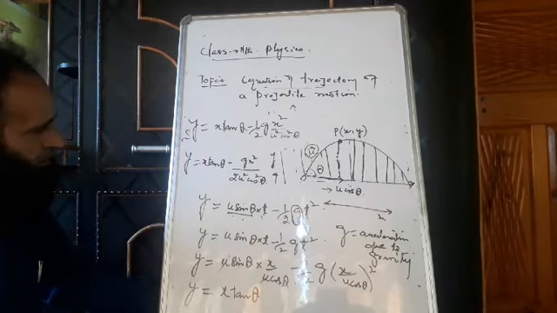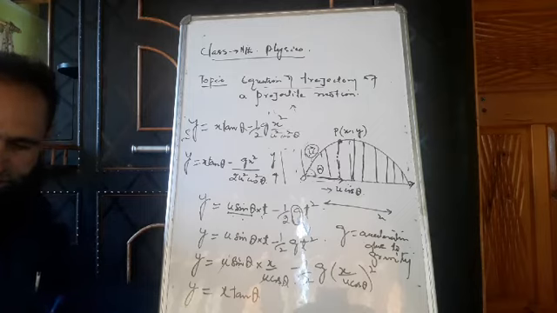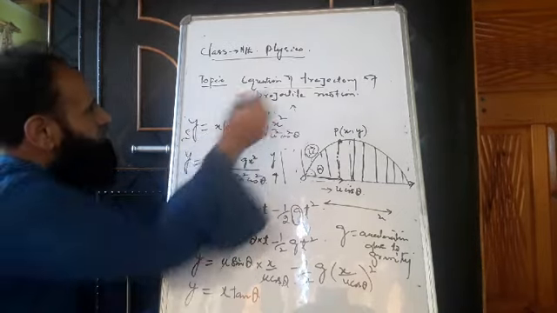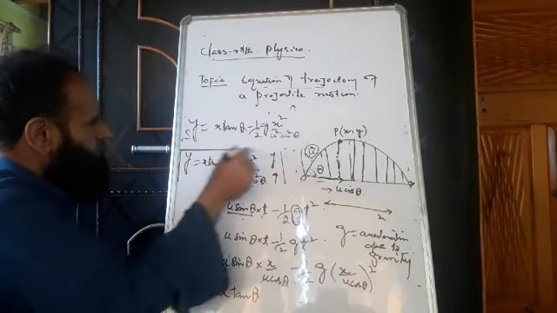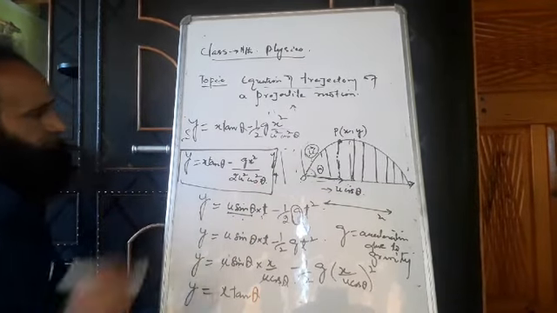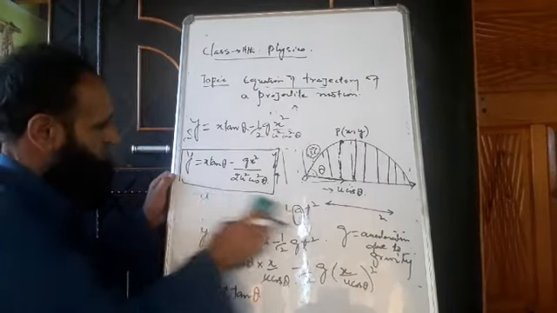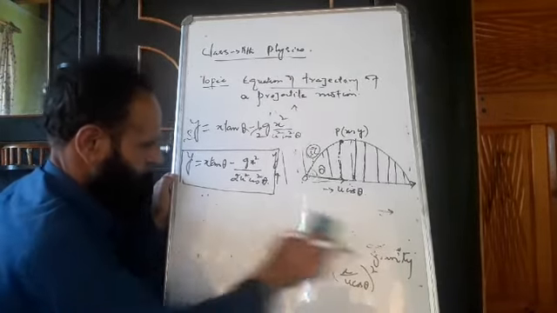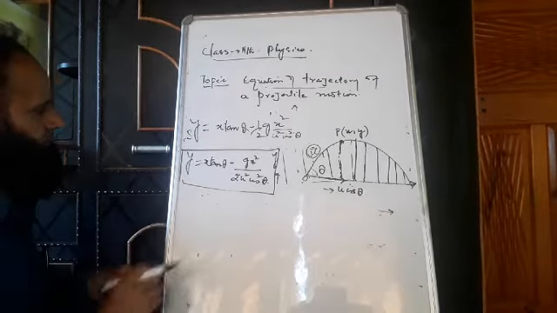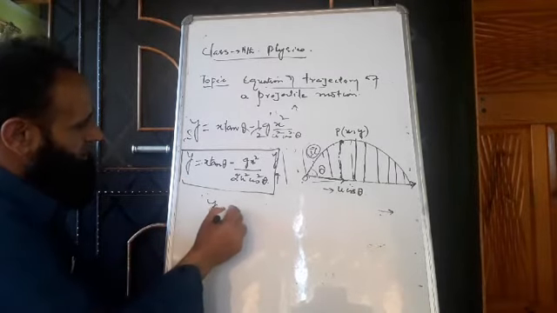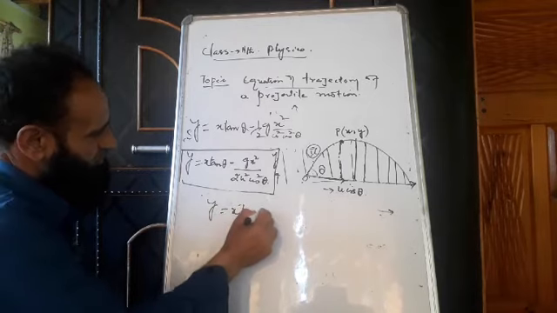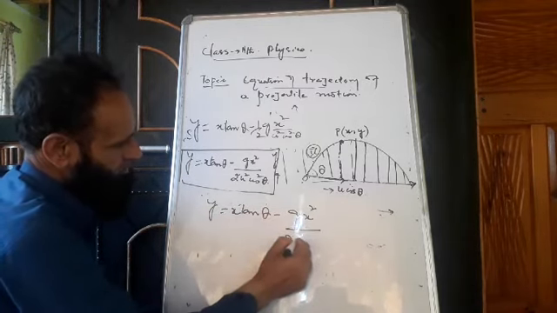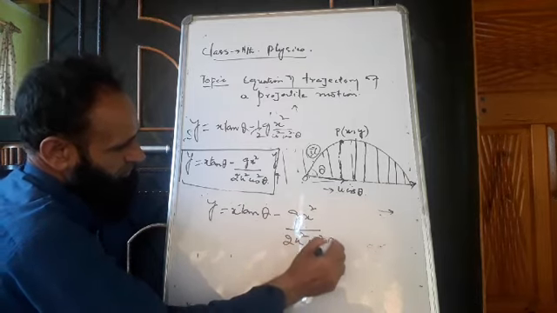Okay, this is our equation of trajectory of a projectile motion. Equation of trajectory: y is equal to x tan theta minus g x square divided by twice u square cos square theta.